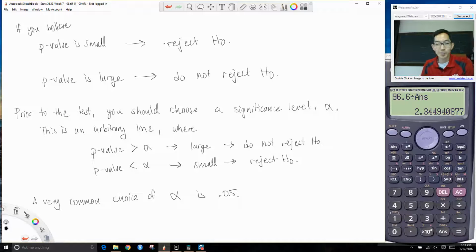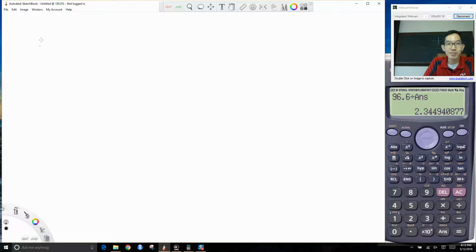So a very common choice of alpha is 5%, and again, it's an arbitrary value. It's kind of become the one that we have accepted as the norm. The truth is it should probably be something around 5%.